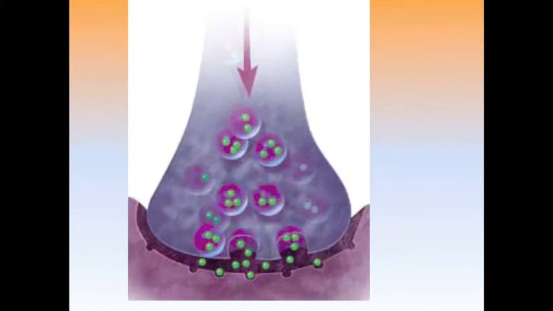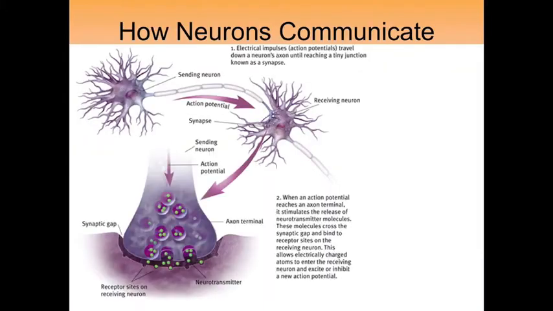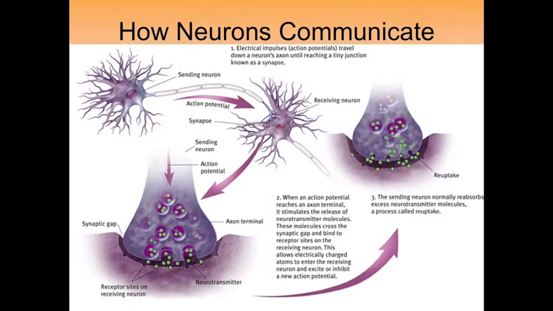So, taking a look at what this looks like, there's a good image in your book, I think it's on page 58, where it shows you these chemical messengers, these neurotransmitters, which in this case would be the little green balls that are traveling across the synaptic gap, attaching to the receiving terminals of the next neuron. And that is going to be what carries on that transmission from one neuron to the next. Take a look at this little chart. Once again, this chart's in your book if you want to look at it.